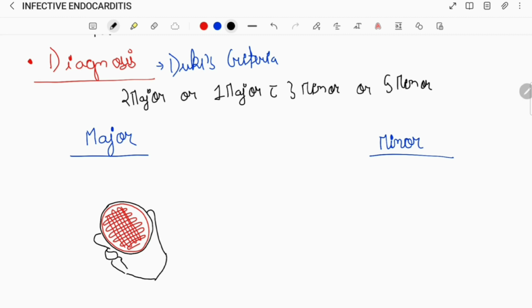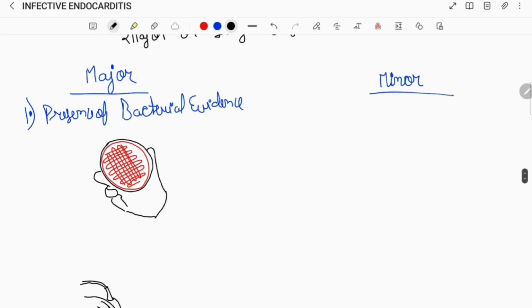If I talk about the major criteria, first we have the presence of bacterial evidence, and you get this bacterial evidence by a blood culture which should show the typical organisms.